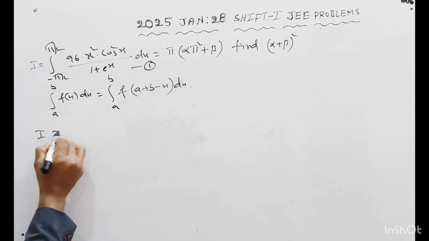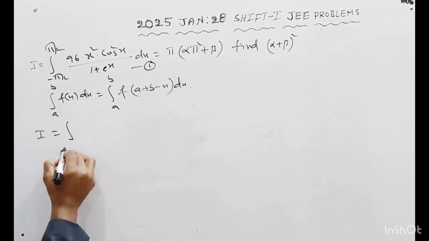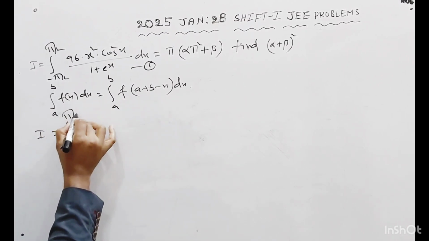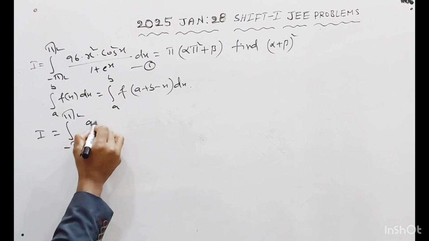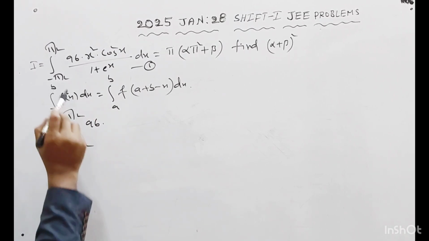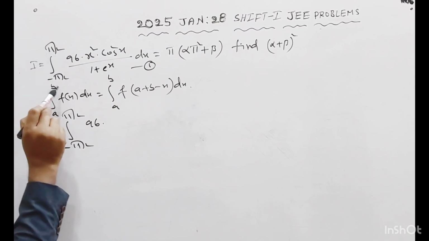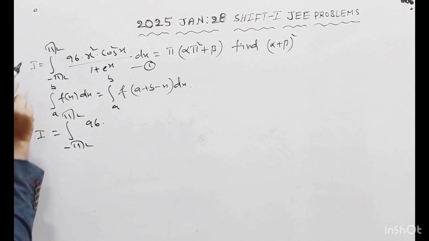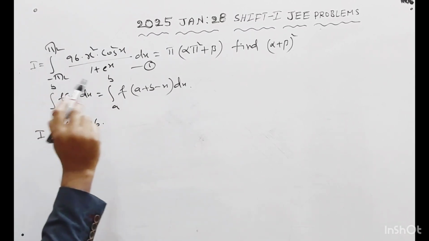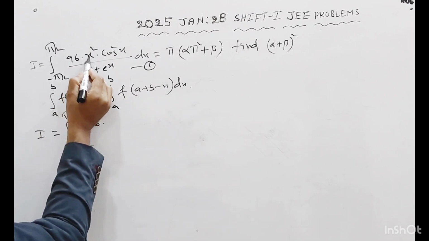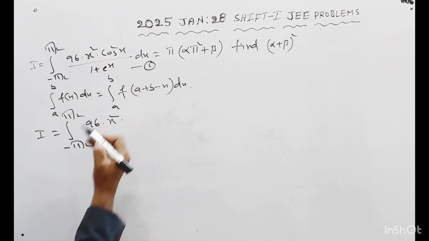Then when I apply this formula, you will get minus pi by 2 to plus pi by 2, 96. Now in the place of x, I am going to add the sum of these two limits minus x. If you do the sum, 0, 0 minus x, minus x, minus x whole square, x square, like that.